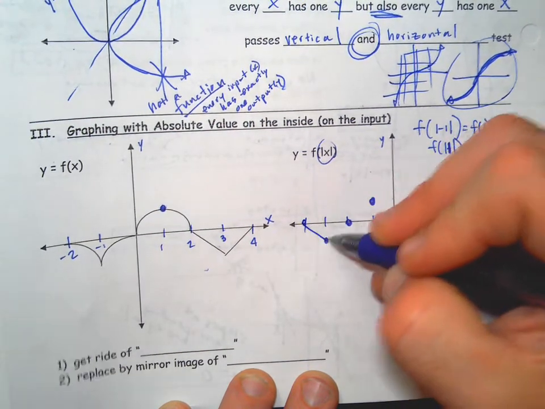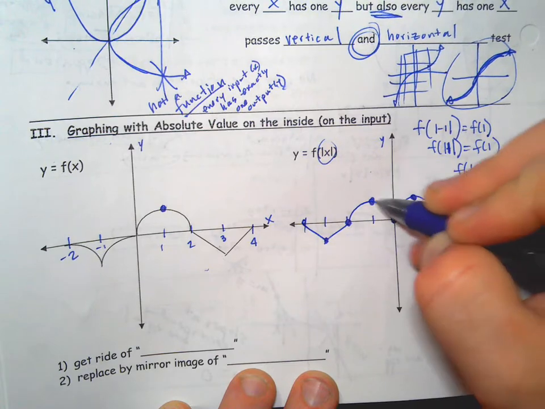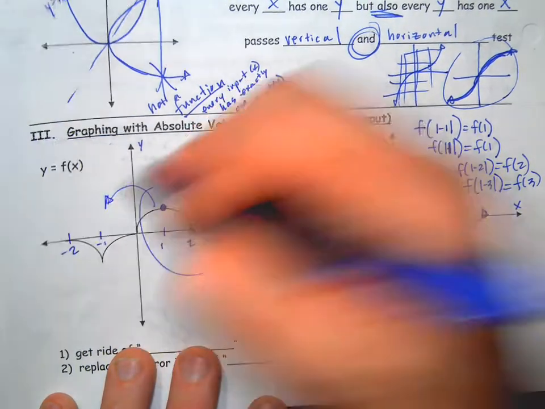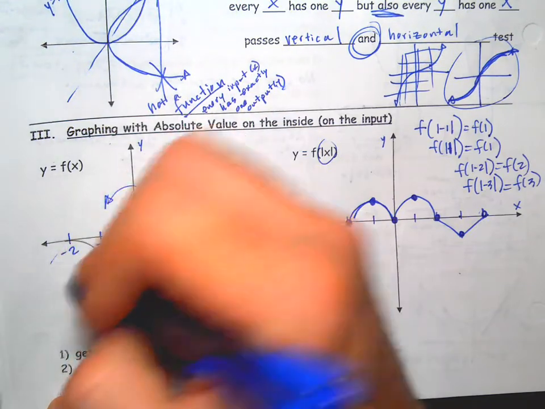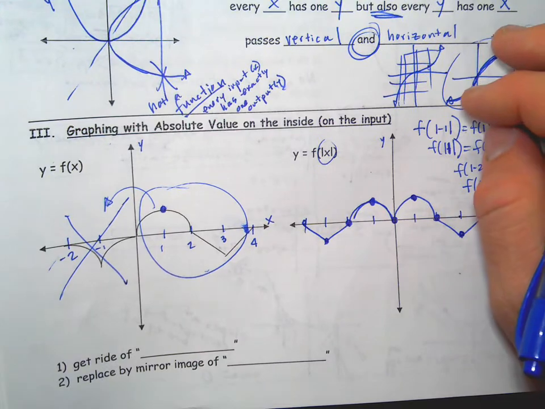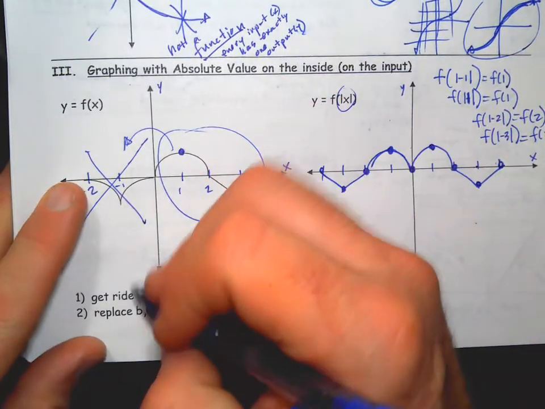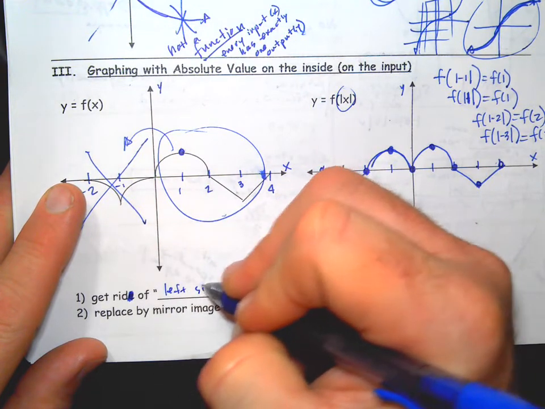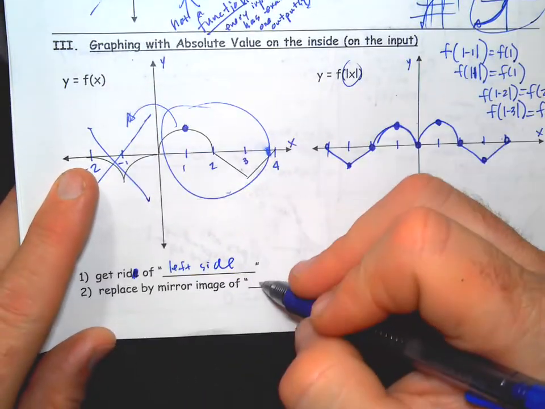So this is what the graph looks like. What happens is it takes the right side and flips it across the y-axis, and it gets rid of what was on the left side originally. It gets covered up. So you get rid of the left side and you replace it with a mirror image of the right side.